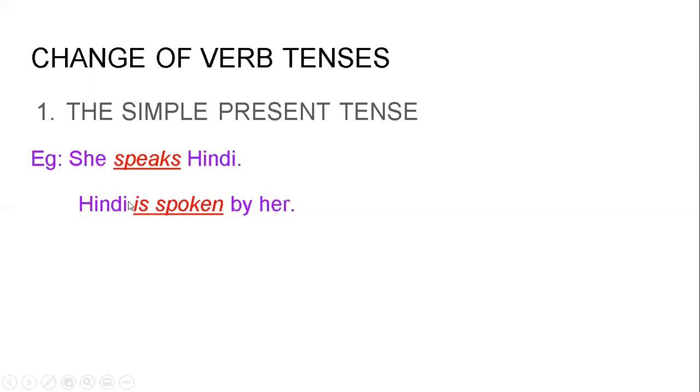Don't forget that the object becomes the subject, the subject becomes the object, and the pronoun changes, so she changes to her. By is introduced in the sentence because it is in passive voice, and the verb has to change exactly like this.